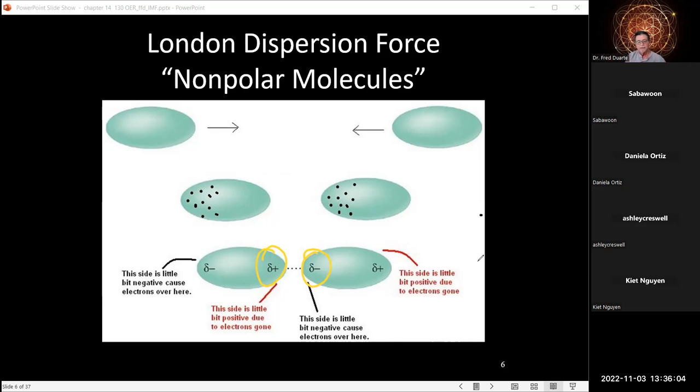Much like magnets, if you line them all up, they're going to be attracted north to south and so forth. Okay, but the London dispersion force here, compared to the other two, is weak. It doesn't take much energy to break that up.